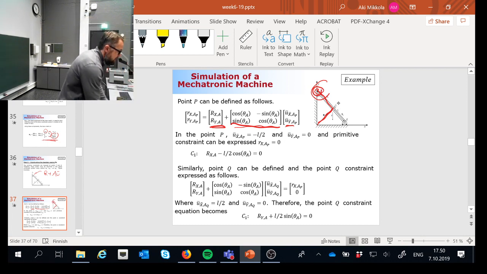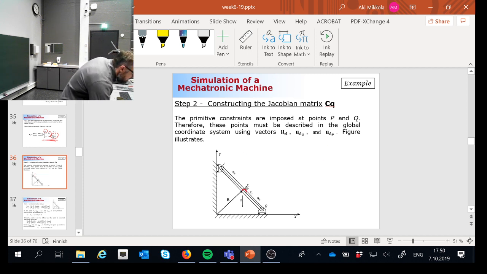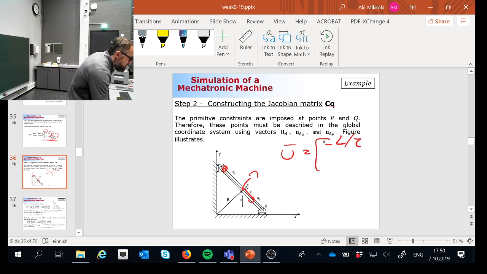And this time vector U bar, because of the way the body reference coordinate system is here, so let me see if it is visible here. Not really. I need to go back here. So here is more visible. The X is pointing this direction, Y is pointing that direction. So to go here, vector U bar has to be minus L divided by 2, 0.